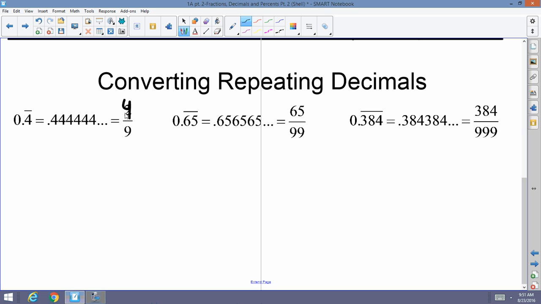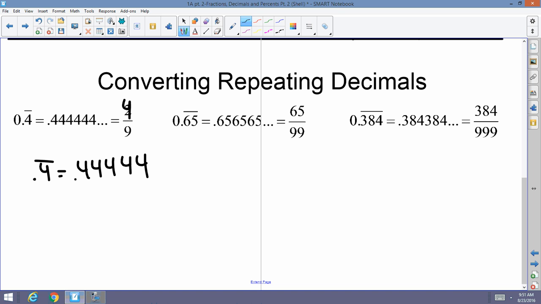Well, it's quite simple. If I have 0.4 repeating, we know that, like I have illustrated, it just keeps going on and on and on. It never ends. So in order to end it, we're going to subtract 1 from the denominator. And it's literally that simple.